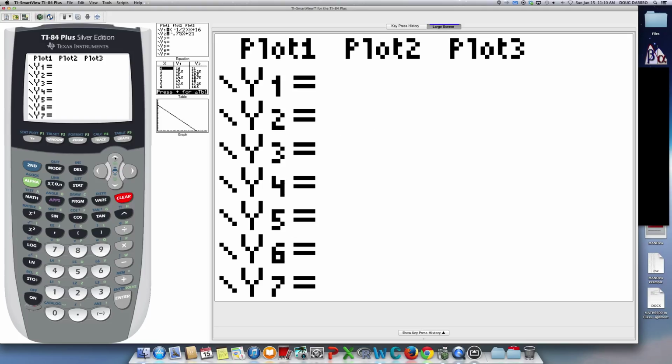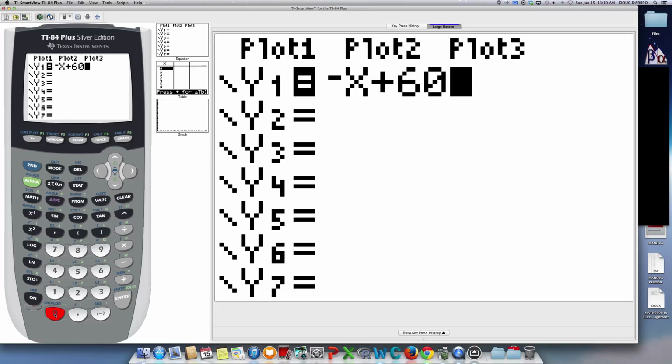The reason I make a deal of that, I want you to clear everything out before starting, is because I've seen students work problems where they have a constraint from a previous problem combined with another. So you know, we don't want that. So negative x plus 60,000, and you can eliminate or at least reduce the chance of that happening if you just start with a blank slate from the beginning. Okay? Alright, so the next one is y less than or equal to 1/3 x.